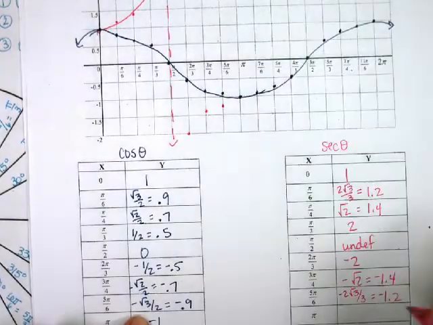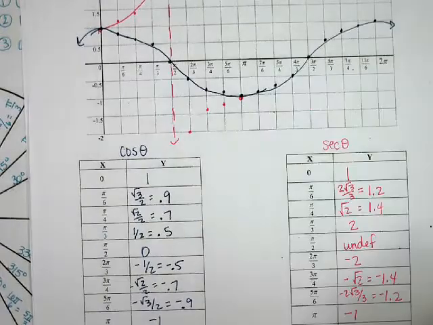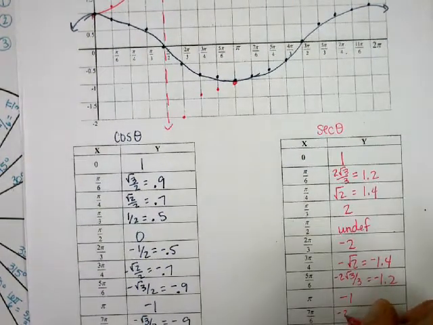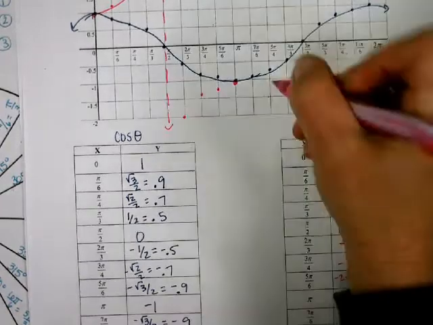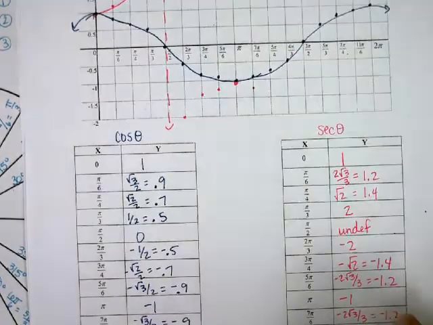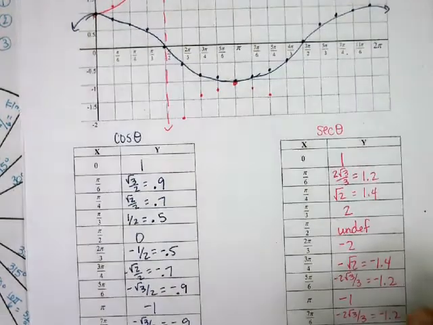Pi is negative 1. 7 pi over 6. Negative 2 root 3 over 3, negative 1.2. Negative root 2 is 5 pi over 4, so negative 1.4. 4 pi over 3 is negative 2.